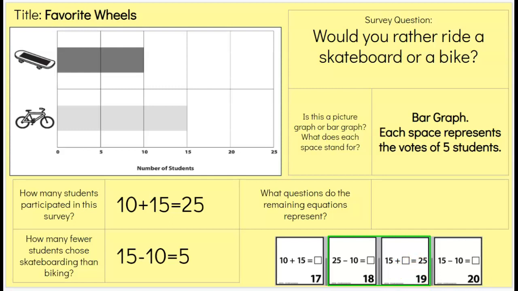What are our numbers telling us? Now, if you were thinking 25 minus 10 equals something represents how many students chose biking, good thinking. Take a moment to write this equation and solve it.